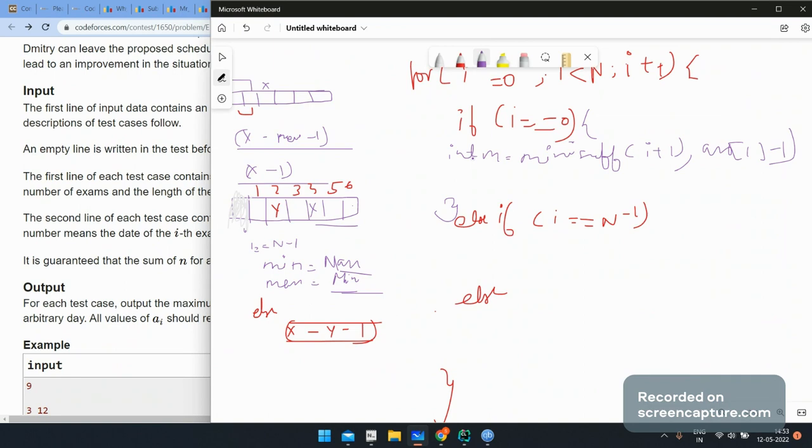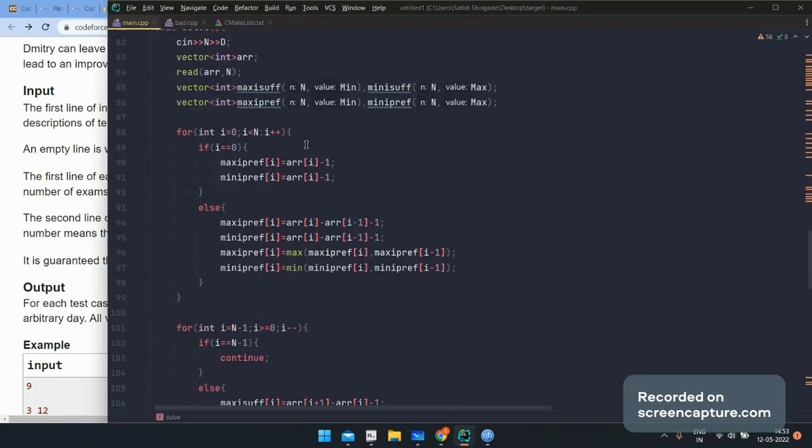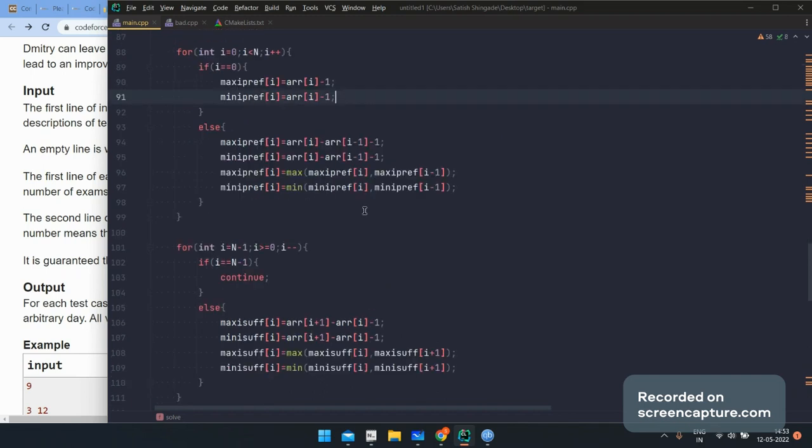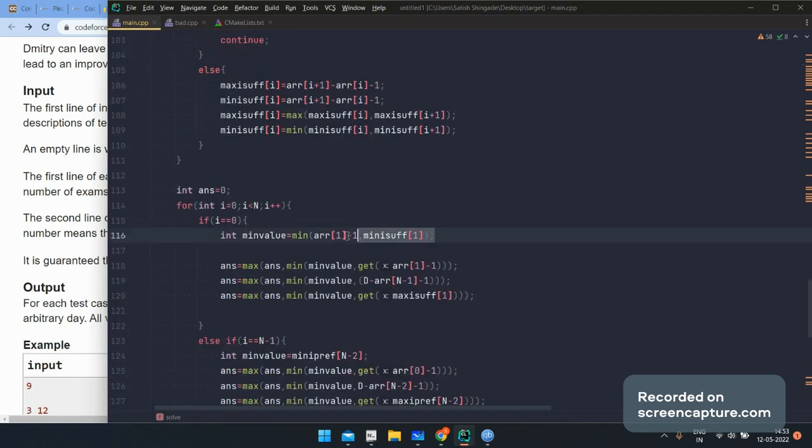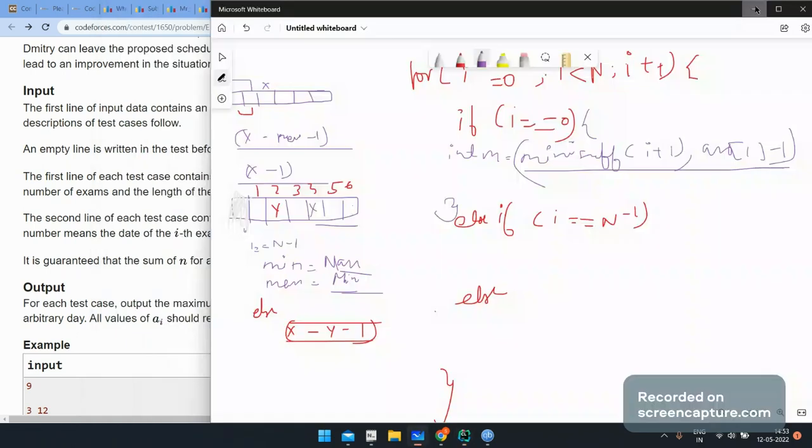This is the total minimum value which we can achieve. So that's what I have written here. Everything here will be a minimum value which we can achieve. Out of that minimum, we have to achieve a good value.